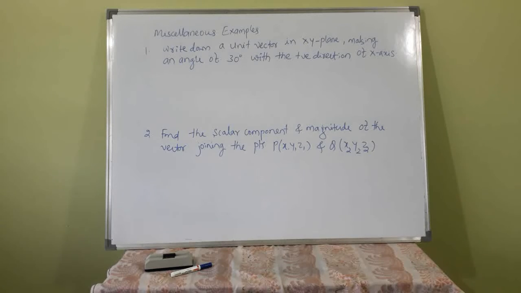Okay, first question is, write down a unit vector in xy plane making an angle of 30 degree with the positive direction of x-axis.